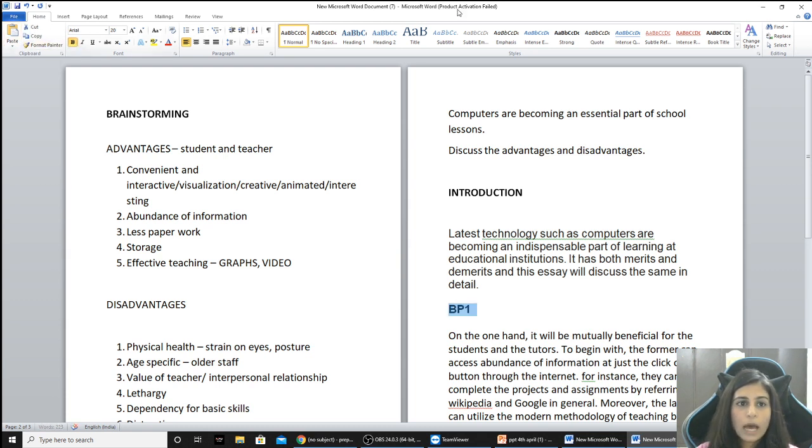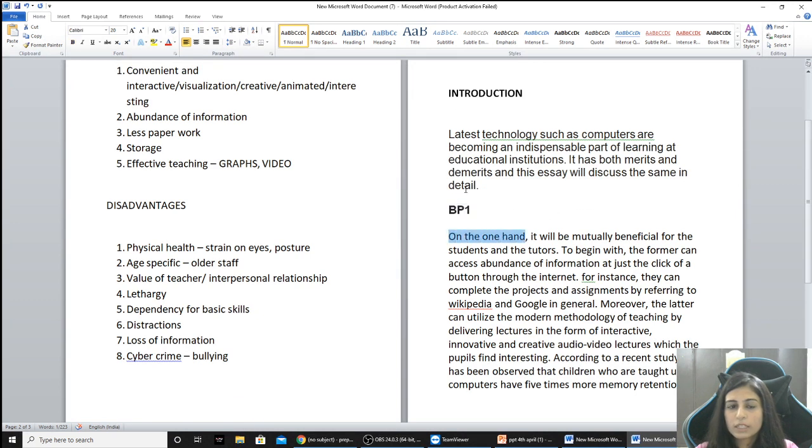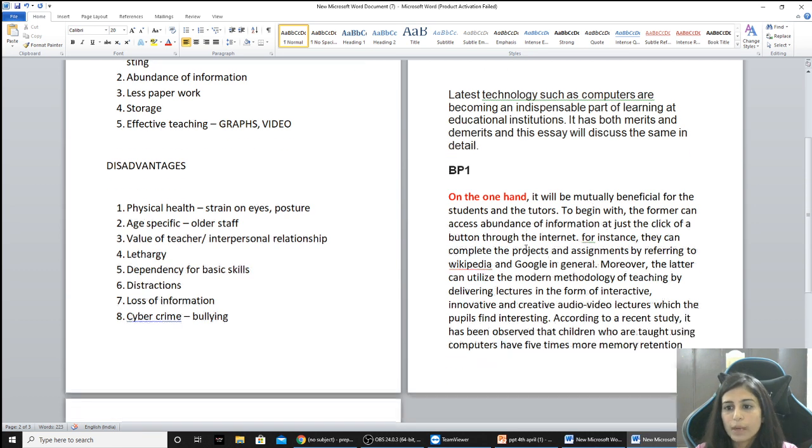So now we also have to learn connectors. So this is your first connector. Let's use red itself. So on the one hand, this is your connector. Okay, this is a linking word which is connecting your introduction to your first body paragraph.